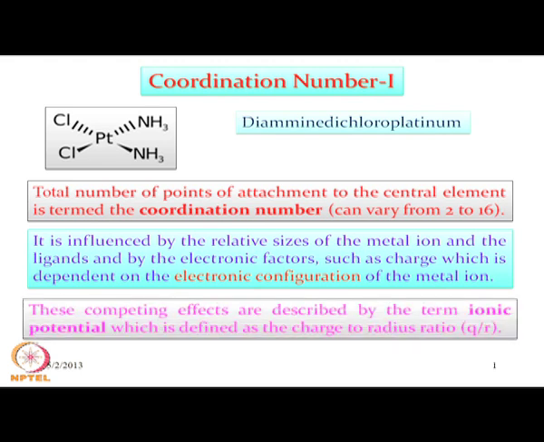So, these size factors play a tremendous role not only in coordination number for the different metal ions in metal complexes, but also in biological systems dealing with metal ions.